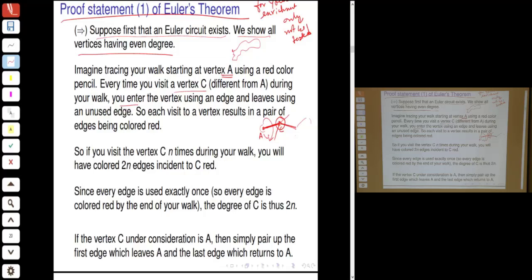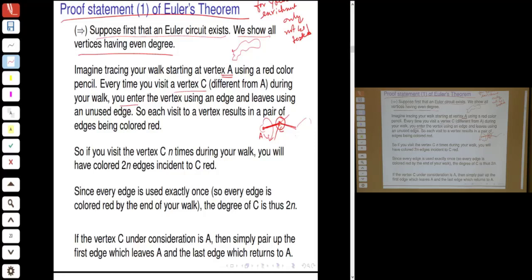So definitely the total number of edges which occur at the vertex C is going to be 2 times the number of such pairs, that is 2 times the number of visits to the vertex C by your Euler circuit. So since it is 2 times an integer, of course the total number of edges which occur at the vertex C is an even number. Okay? Is it clear?